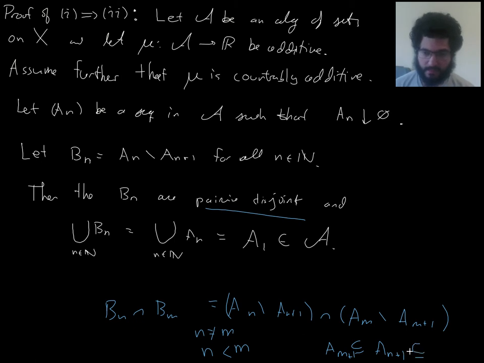And this is a subset of An due to the nesting. So if you look at this intersection here, it contains only things that are in A sub n. Sorry, no. I think this is not actually the helpful thing to look at, but something similar. Okay, let's go back to A sub m is contained in A sub n.